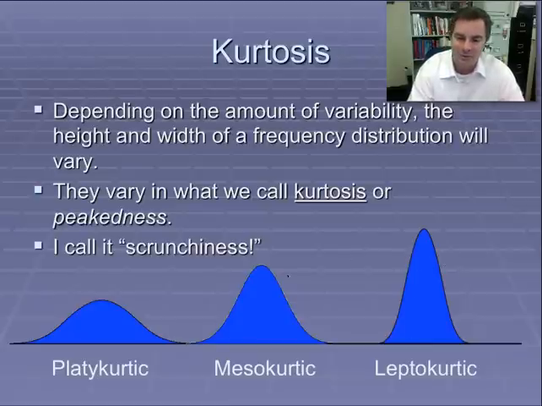All right, so we start with a mesokurtic normal distribution here, and if we tighten it up, in other words, if there's less variability, if there's fewer low scores and fewer high scores in whatever the variable is that we're looking at here, it will press this thing together and make it taller and skinnier.